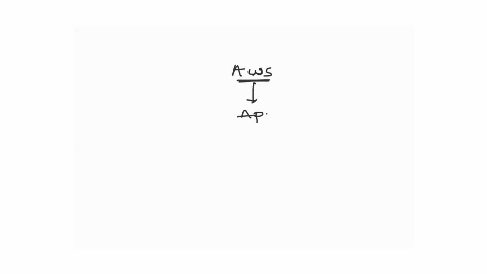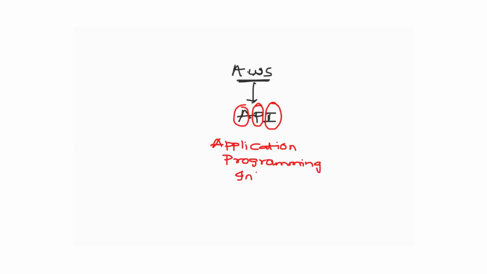Listen to this word called API. We will use this multiple times in this series. API stands for: A for application, P for programming, I for interface. So API basically means application programming interface, and using this application programming interface, you can automate creation, deletion and management of resources on AWS.